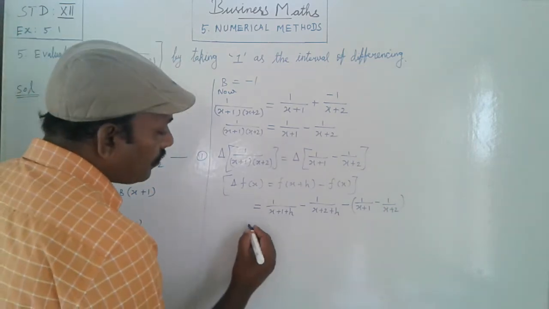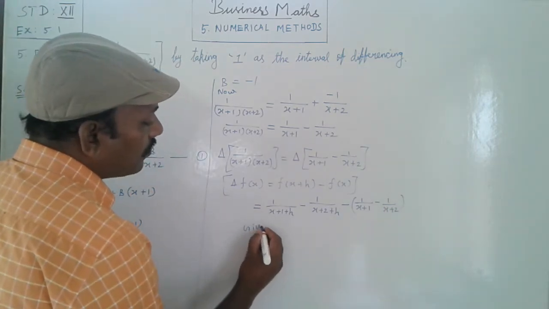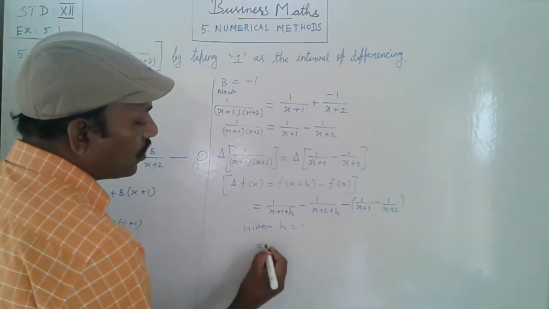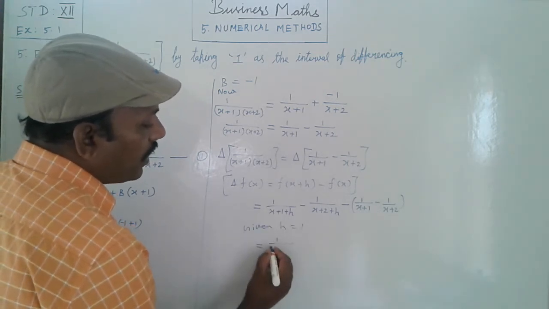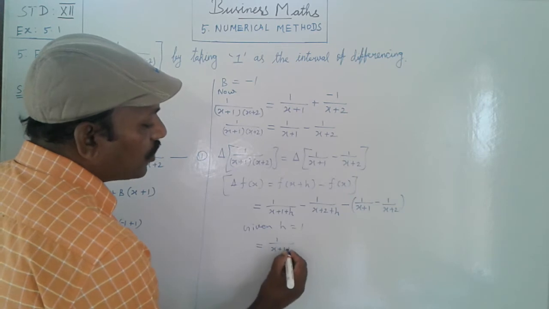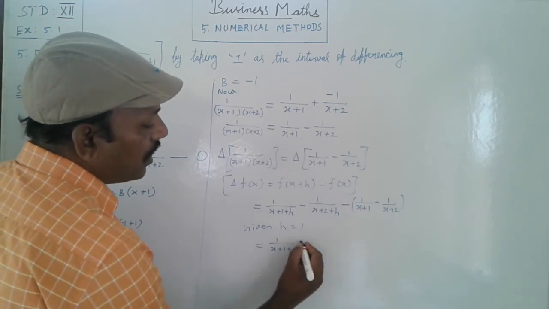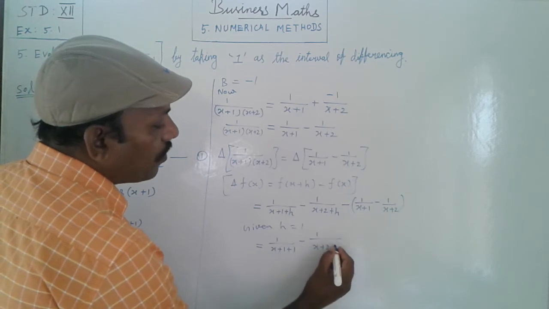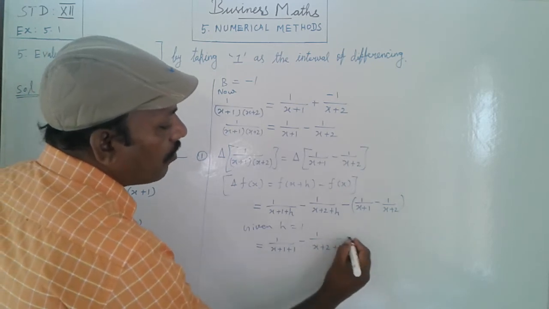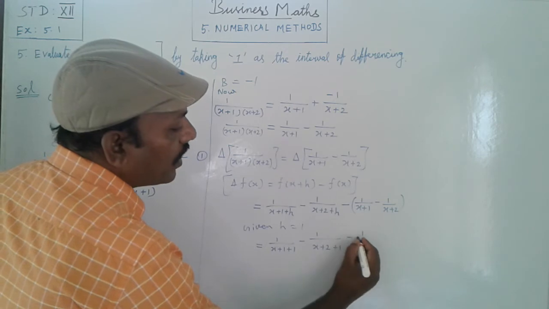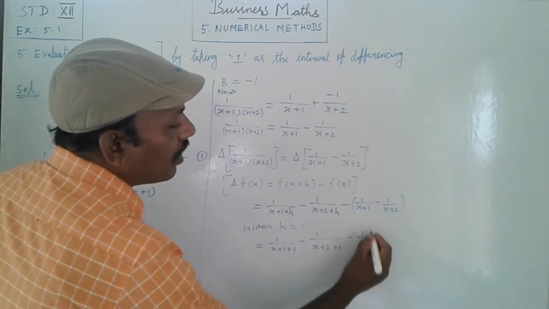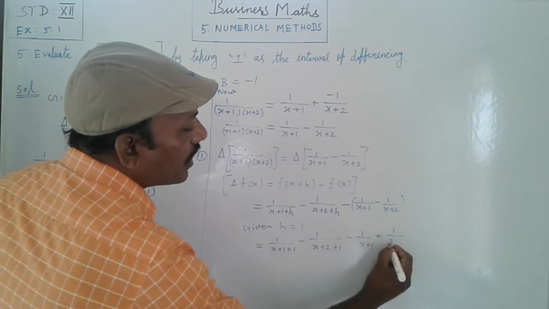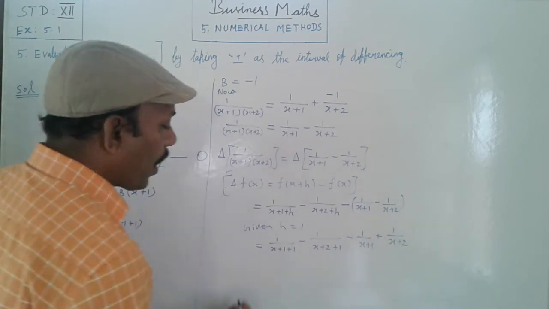Here given h equal to 1. That is equal to 1 divided by x plus 1 plus 1, minus 1 divided by x plus 2 plus 1, minus 1 divided by x plus 1, and minus into minus is a plus, so plus 1 divided by x plus 2.